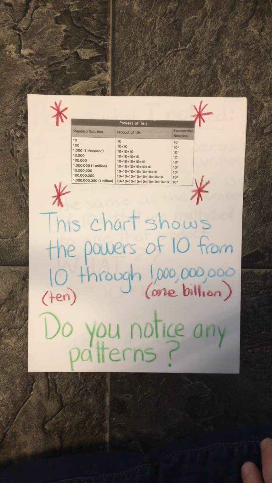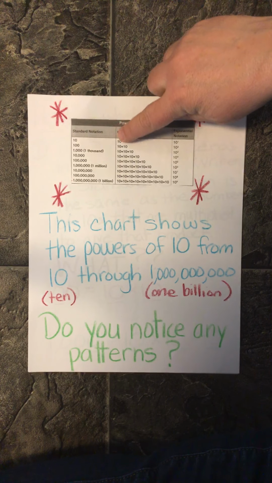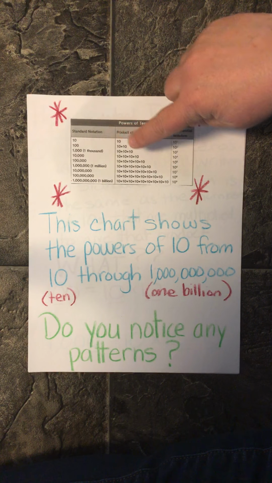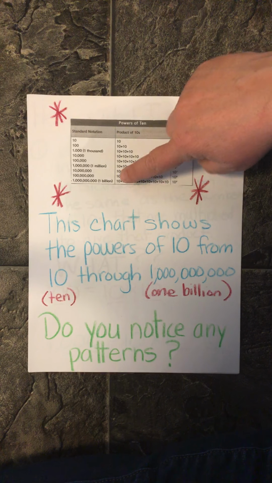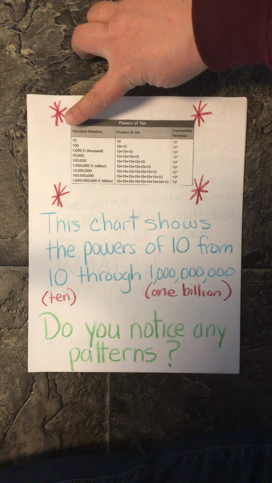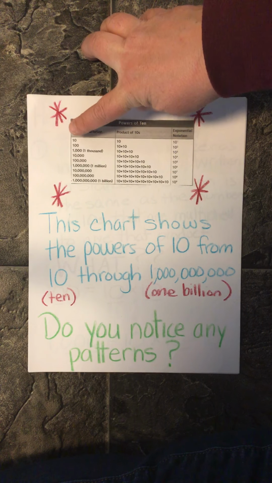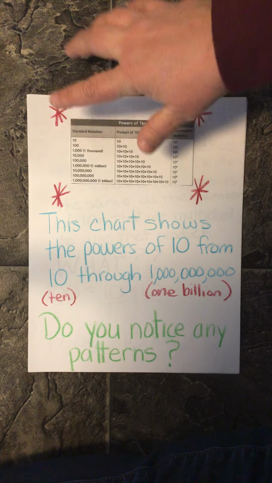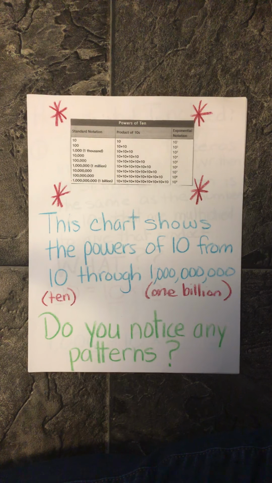Now here I have a powers of 10 chart. This chart shows the powers of 10 from 10 through 1 billion. Do you notice any patterns on this chart? It talks about standard notation, which is 10, 100, 1,000, 10,000, 100,000, and so on.